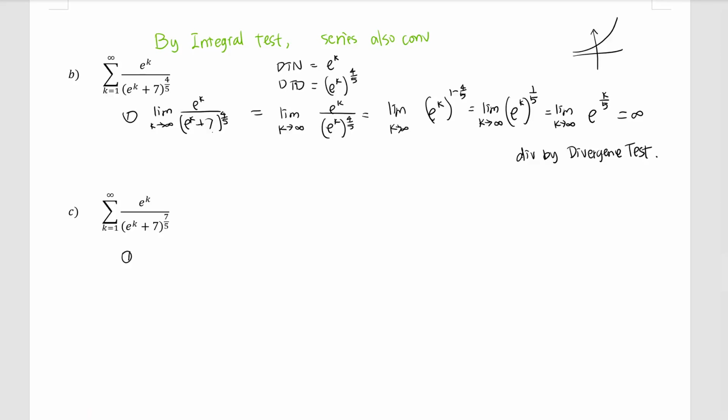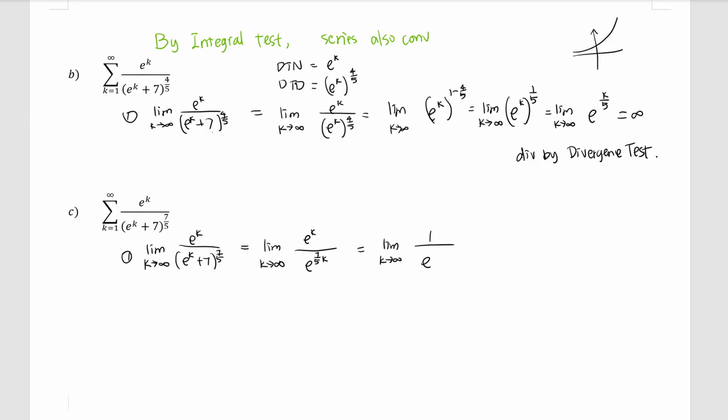First, you still want to compute the limit as k goes to infinity, because it's very similar to the last problem. Let's do it quickly. The dominant term is e to the k over e to the 7 over 5 k.